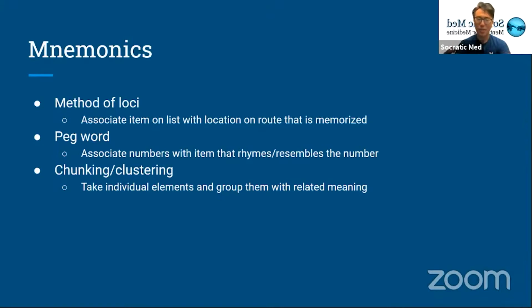I have never used this in my life, so I'm not sure how effective it is. But pretty much you have a route that you memorize, like the route from your bedroom to your basement. On the way you'll pass your bathroom, your kitchen, your living room, and you use those to represent a particular thing that you're trying to memorize.